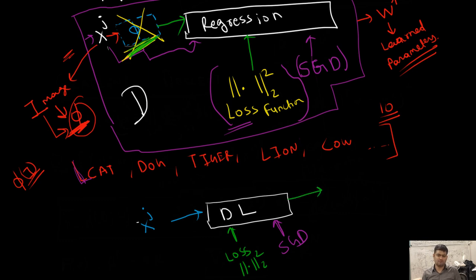So here we said that it's a linear regression because the function f was linear both in its input and also in the variable w. Since this function is linear in w, we call it a linear regression. What happens in deep learning is that this representation may not be a linear function of its parameters.